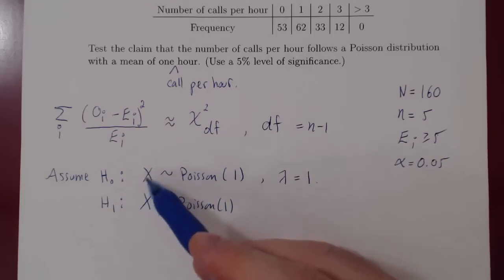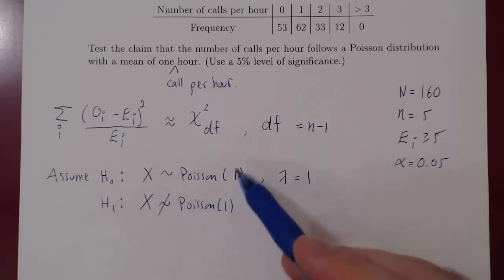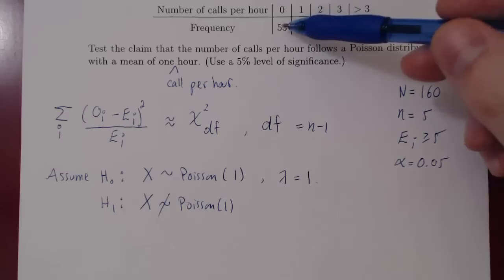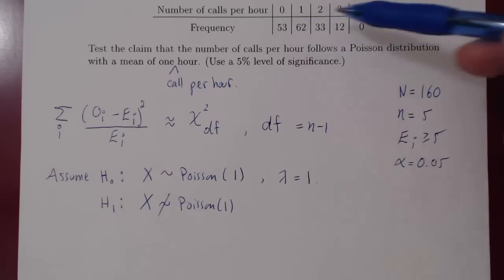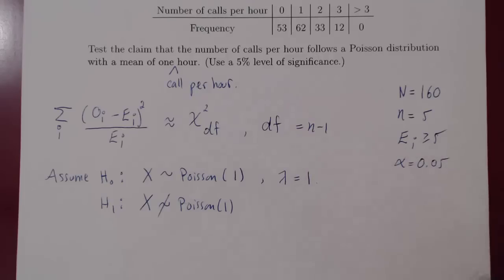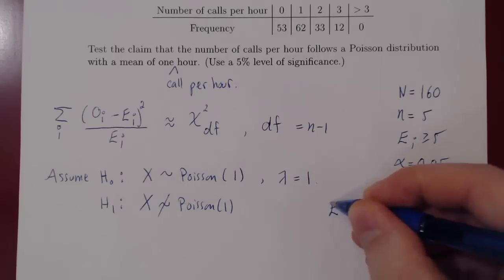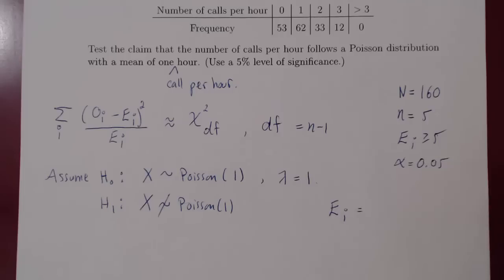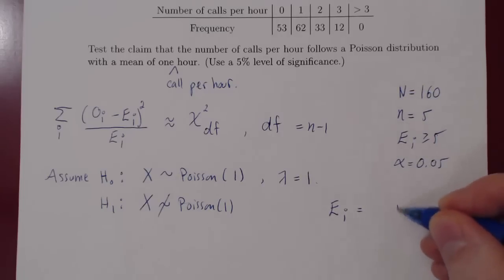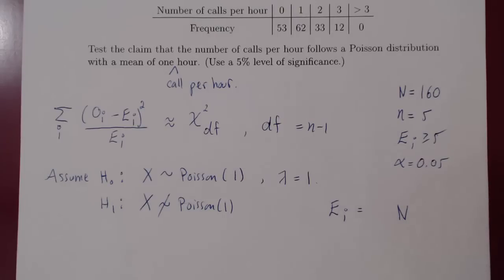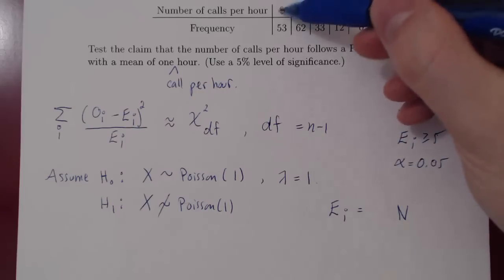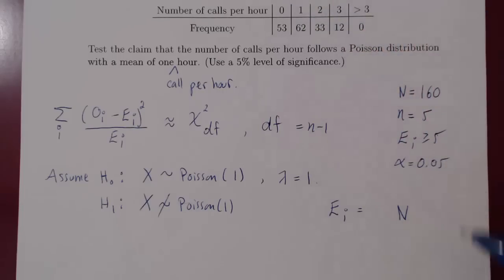We assume that x follows a Poisson distribution with a mean of 1 call per hour, and so we can find the expected value for each bin using the Poisson distribution. Out of the total number of n observations, what is the proportion that will fall into every given bin? So this is bin 1, 2, 3, 4, 5.